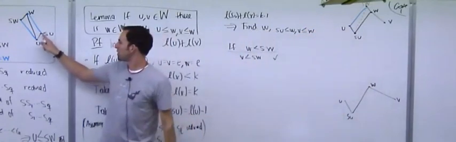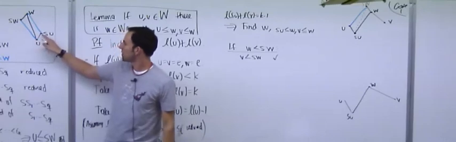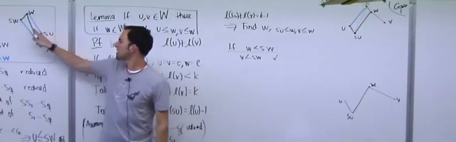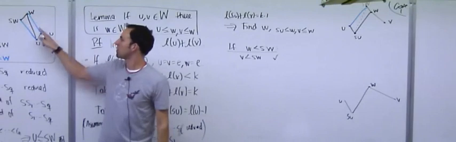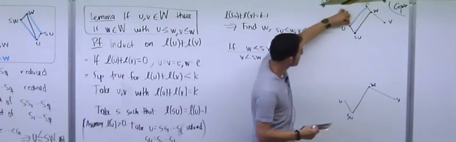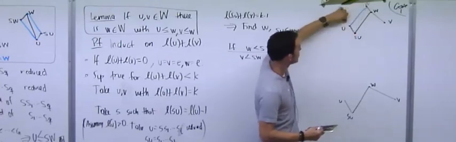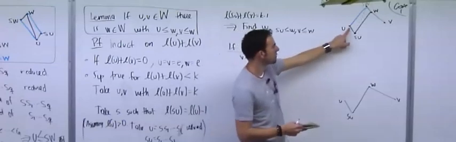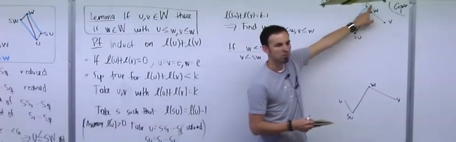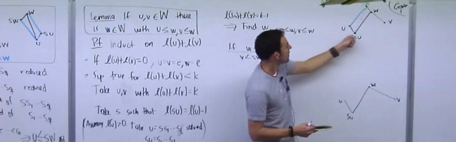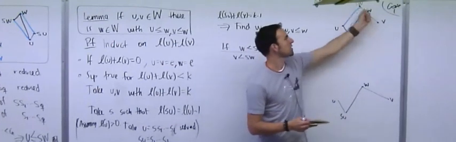And now I look here and I see that if I want to prove something like this, then all I need is to prove a zigzag like this, and then the blue thing will follow. So to prove this blue relation, I'm going to prove this zigzag like this, from U to SU to SW to W. In words, SU is less than U, you can see it. W is less than SW, you can see it. And SU is less than SW by transitivity.